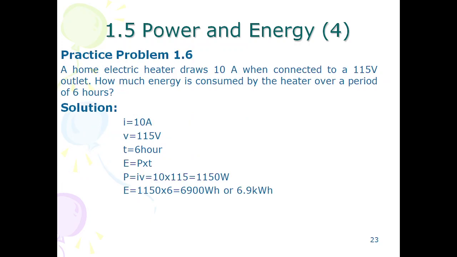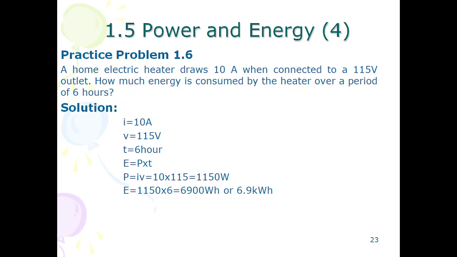Now come to practice problem 1.6. A home electric heater draws 10 ampere, I equal to 10 ampere, when connected to a 115 volt outlet, meaning voltage is given as 115 volt. How much energy, meaning we have to find the energy, is consumed by the heater over a period of 6 hours, meaning time t is equal to 6 hours.